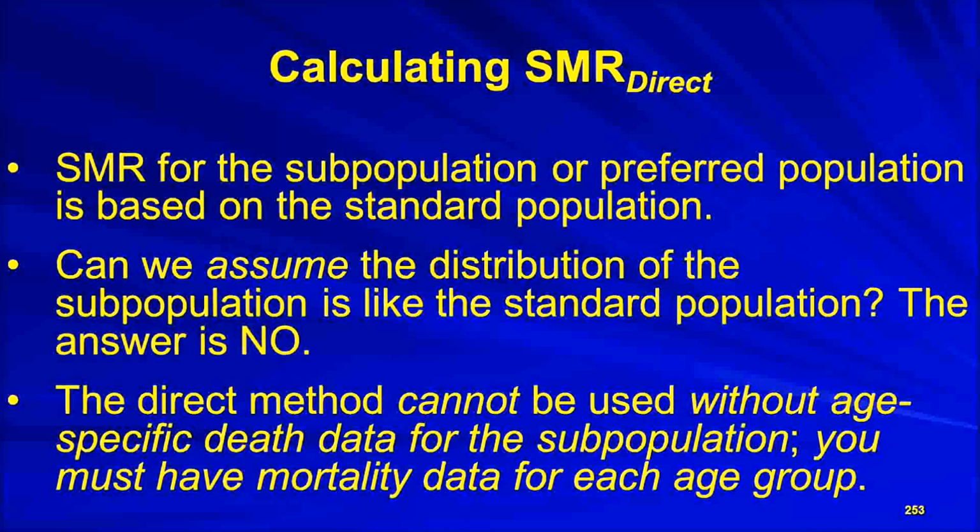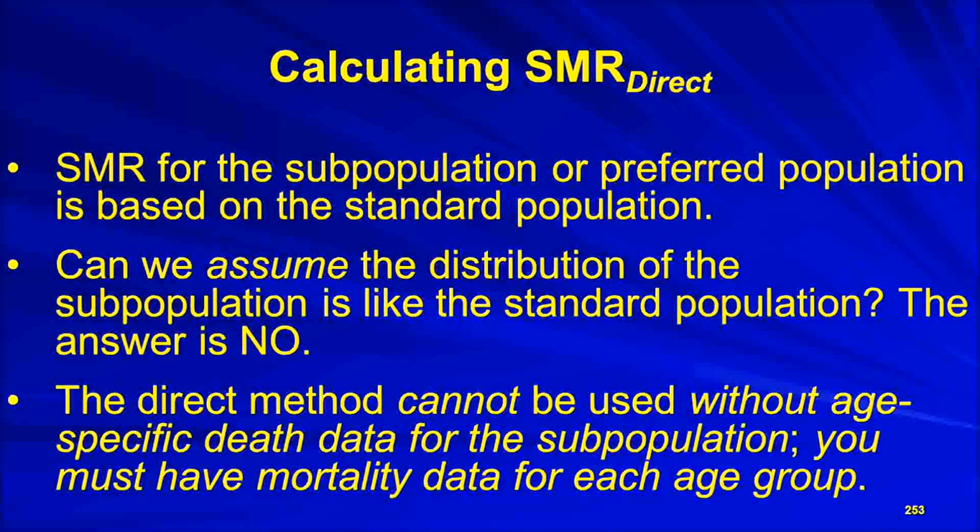And so this is a factor that we're trying to take into account and we're trying to adjust for. So I want to emphasize again that the direct method cannot be used without age-specific death data for the subpopulation. You must have mortality data for each age group, and I'll point to it on the graphics as we go along.